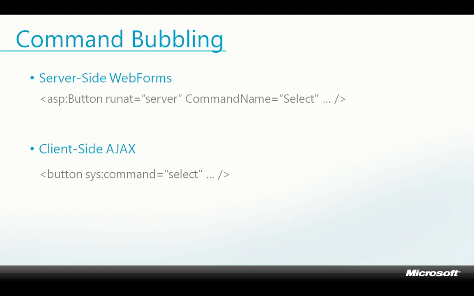You can apply the sys:command attribute to any element, and then when that element is clicked, it'll bubble that command up its DOM tree, so parent controls can watch for certain command types and respond to them. An example of that is the DataView control, which is aware of the select command, and that means you can make any element in your template your click handler. We'll see a demo of how that works in a minute.